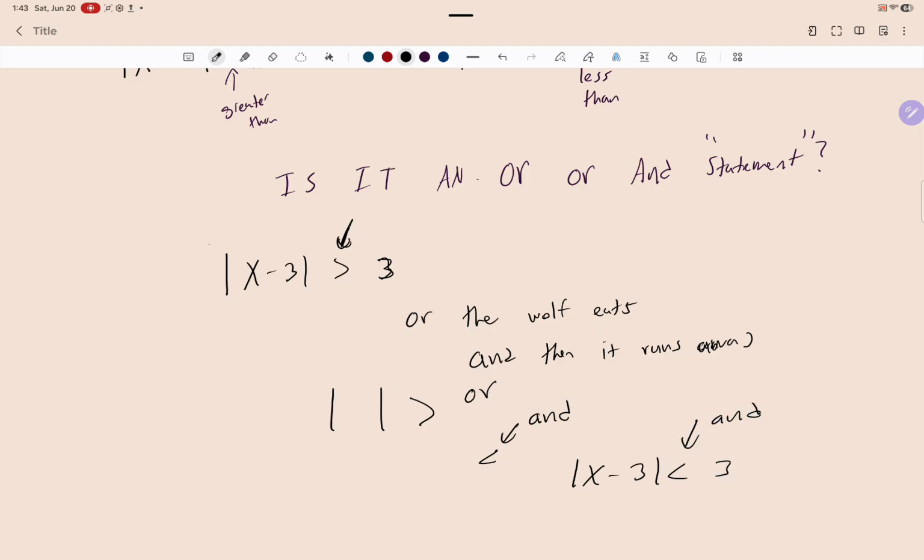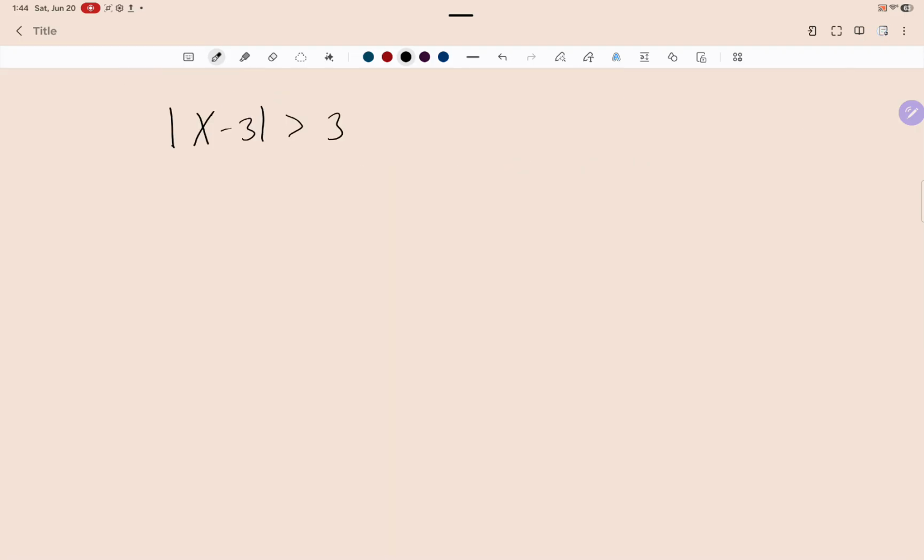And I'll talk more about what it means to be an or and an and in just a few minutes. Again, since the symbol is facing our absolute value, or the wolf eats you and then it runs away. In this case, the wolf is facing the absolute value, so it's an or. Great. By facing, I mean it's on the left.